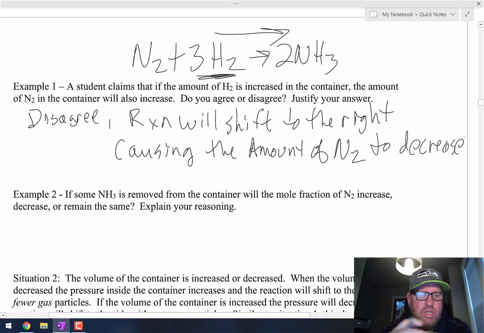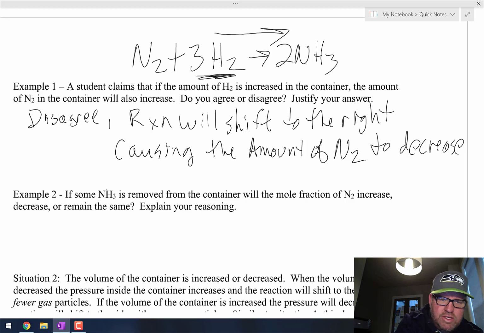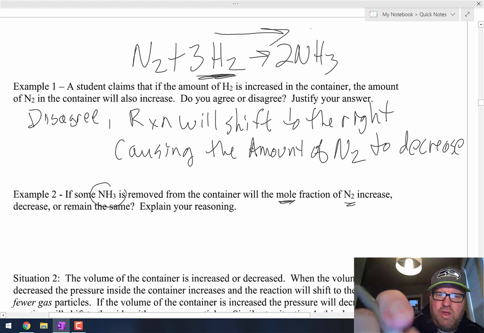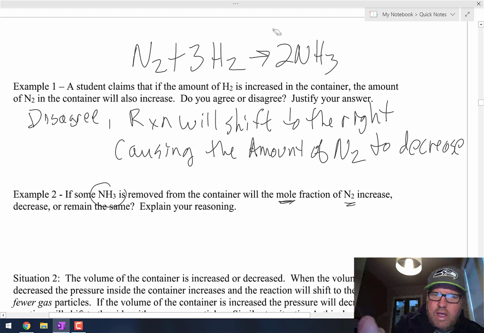Example 2: if some NH3 is removed from the container, the mole fraction of N2 will increase, decrease, or remain the same. When they say mole fraction, just think of moles. What about the moles of nitrogen? If I remove some NH3 from this container, what is the reaction going to do?